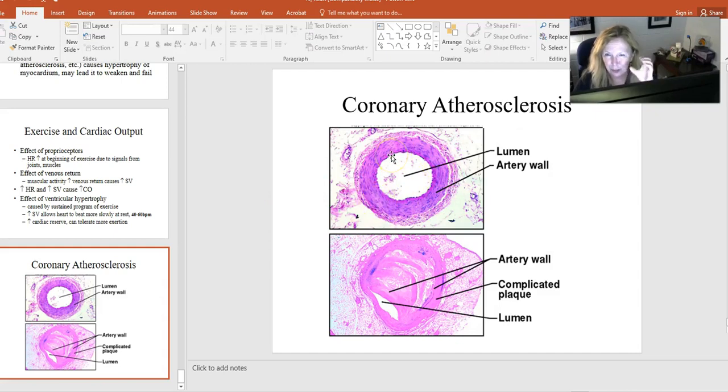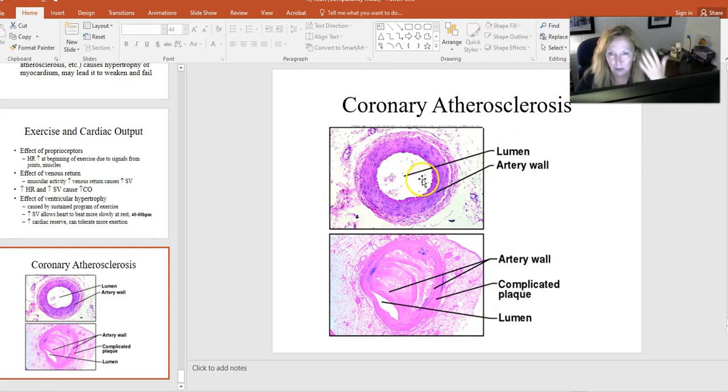An artery is really a thick vessel, and the middle layer is muscle. It's lined with endothelium on the inside, and the lumen is the opening of the vessel where blood is flowing through.